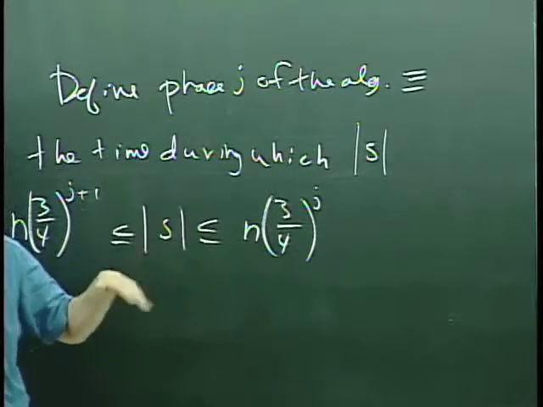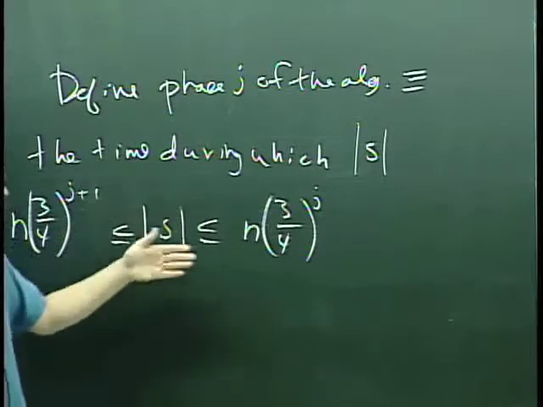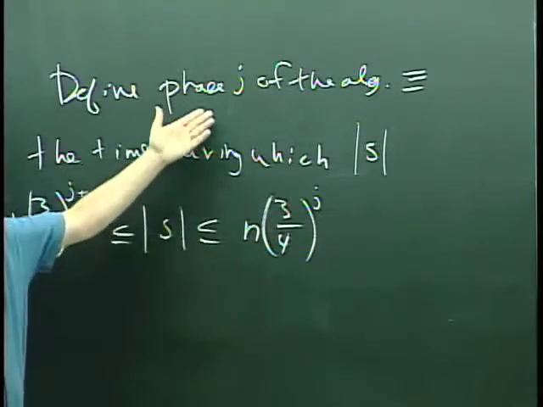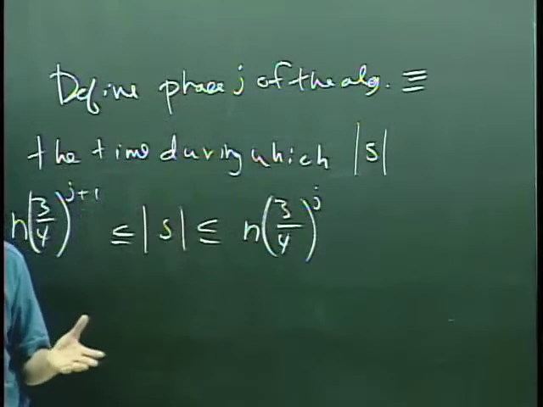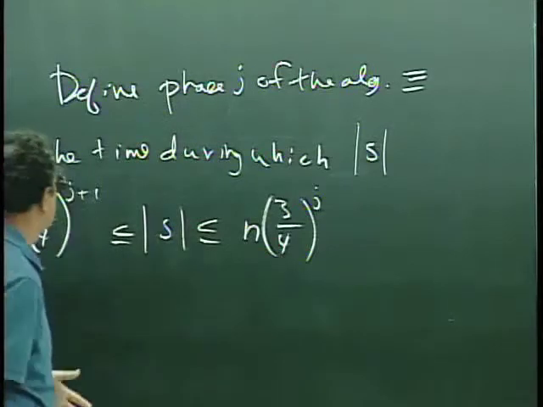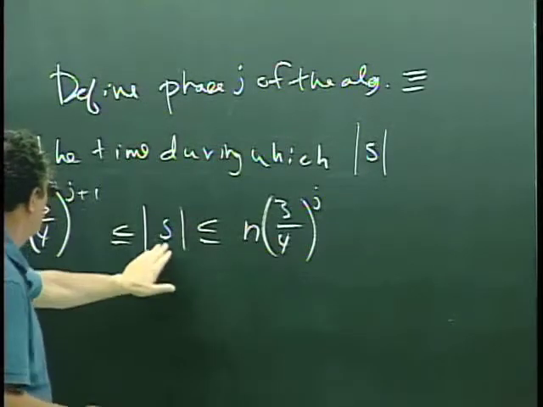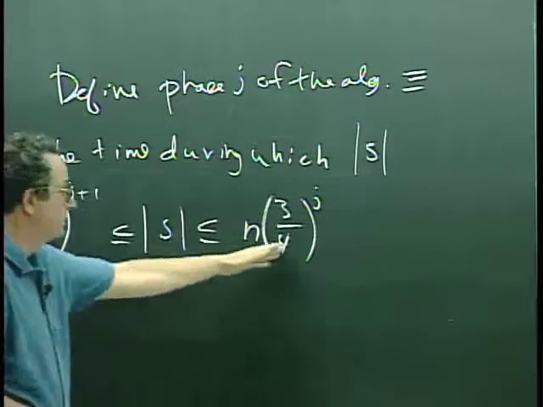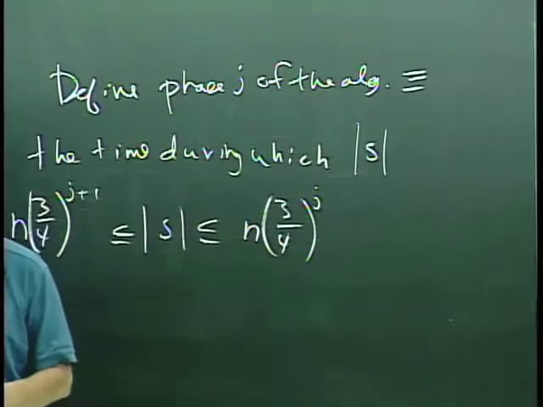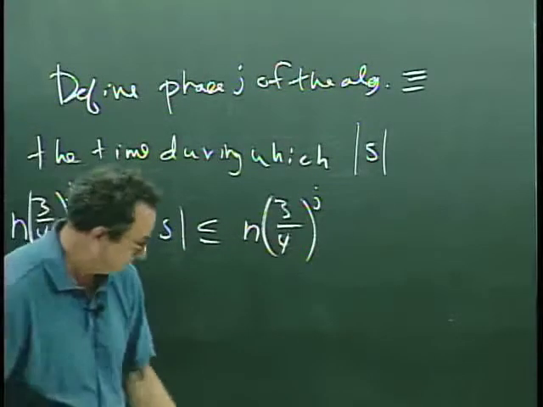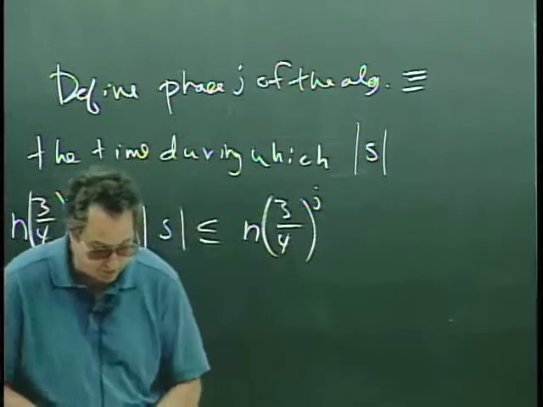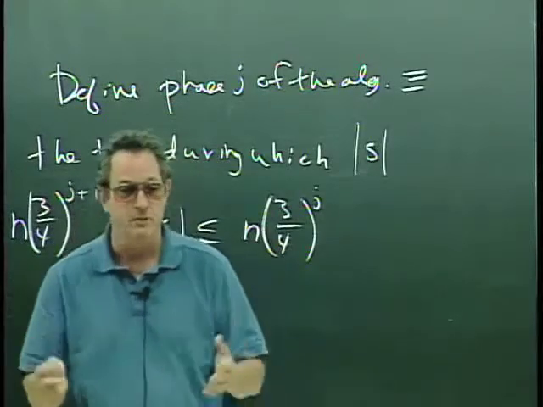It's also possible that the algorithm skips by phase J, but this defines what I mean by phase J. If there's any time in the algorithm where the size of S is in this range, then the algorithm is in phase J.